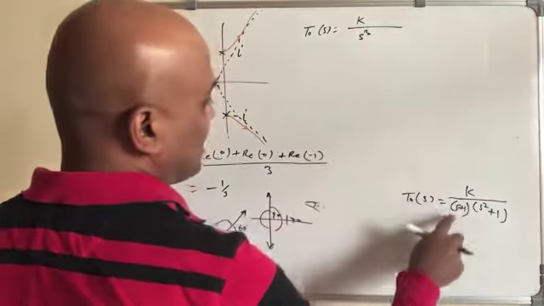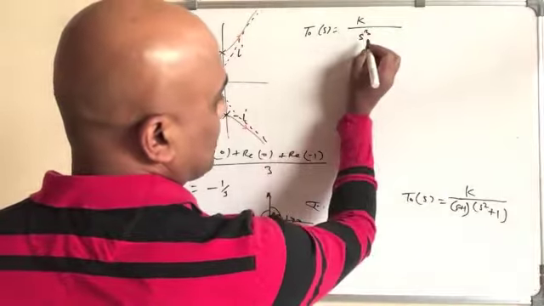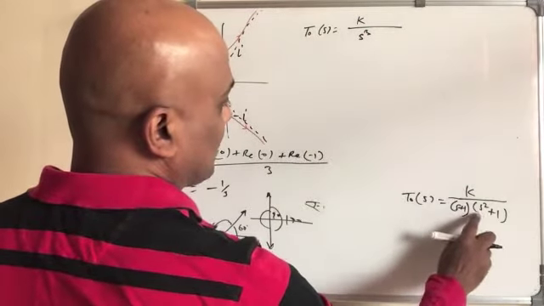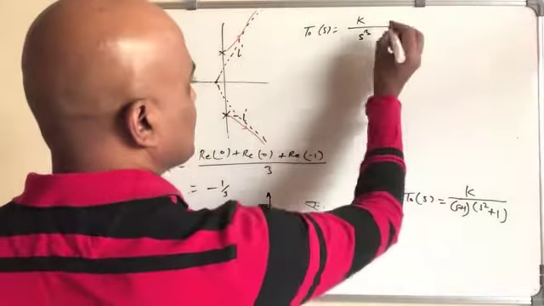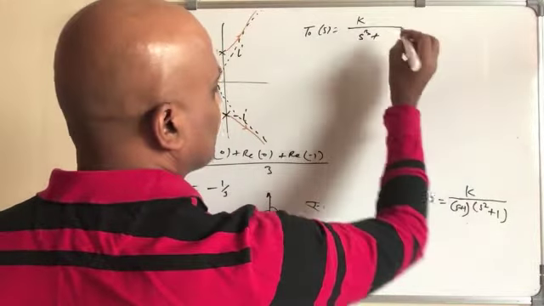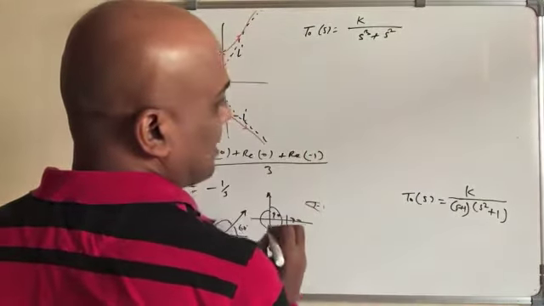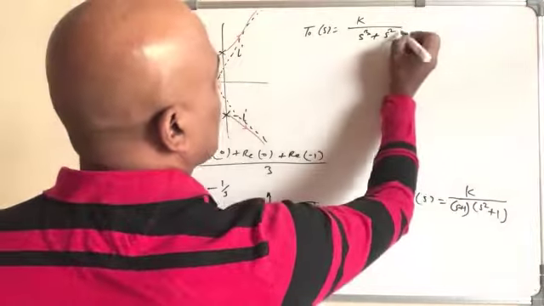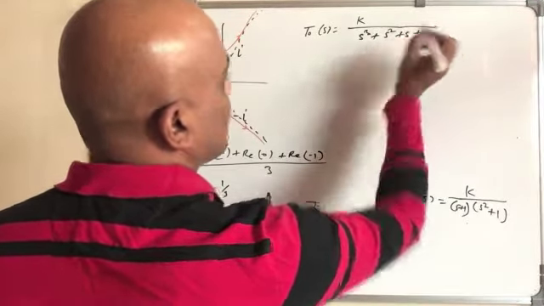First we expand it, so s cube plus s square, then s, and then plus 1 in this case.